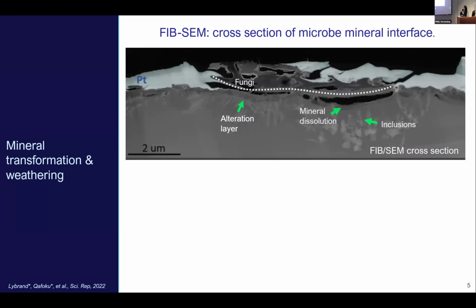Based on FIB analysis, we can tell a lot more. We can see some mineral dissolution just below where the fungus is located on the mineral surface. The fungus is depicted there with the dotted white line. We can see an alteration layer happening in this region. We can also see the iron inclusions, shown here with a different contrast.